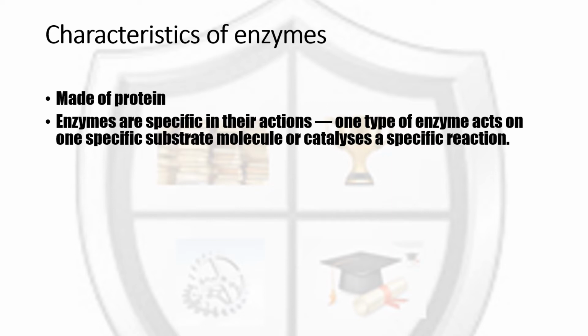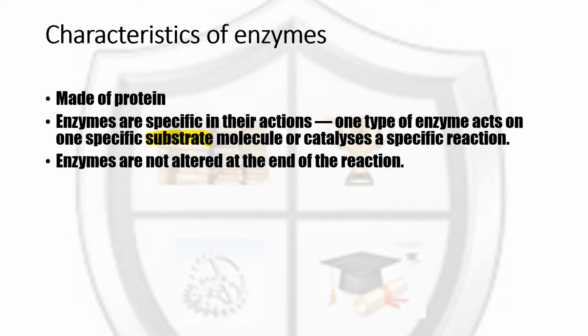That molecule on which it acts is known as the substrate molecule. So the molecule acted upon by the enzyme is known as a substrate. So the enzymes will only act on particular substrate molecules. So enzymes are specific.